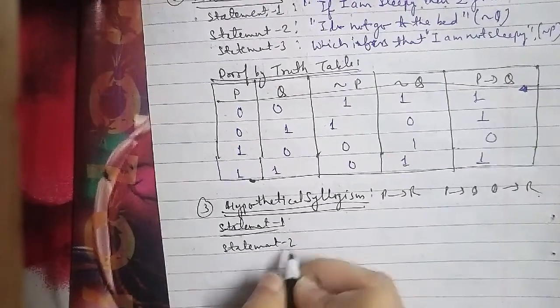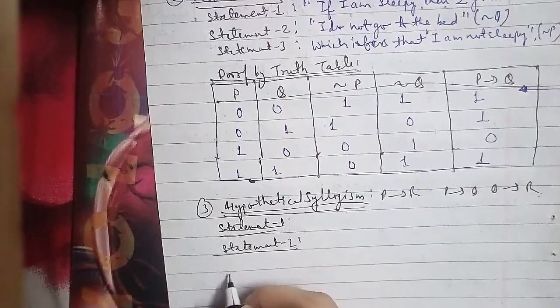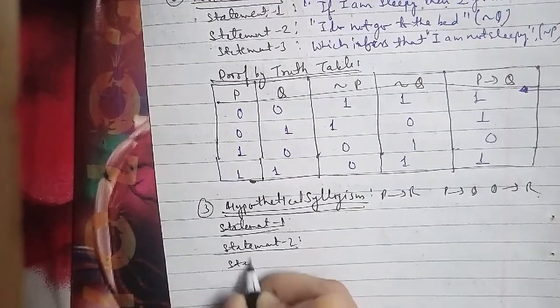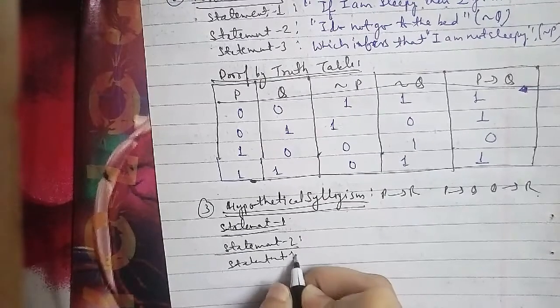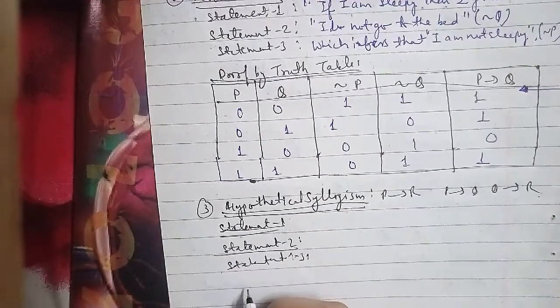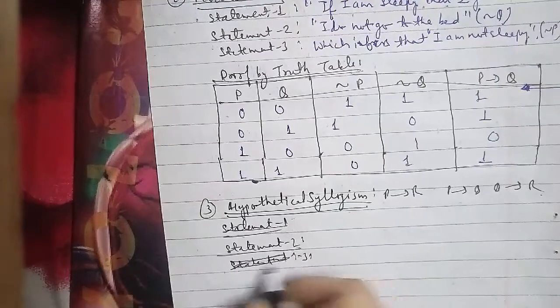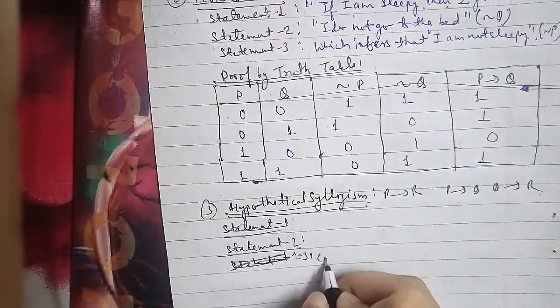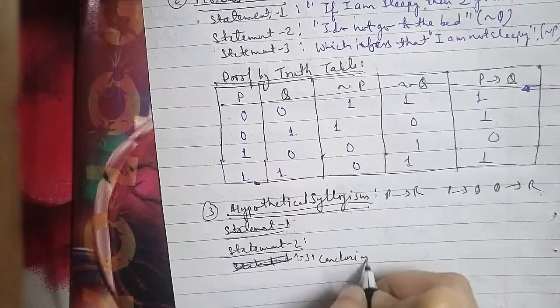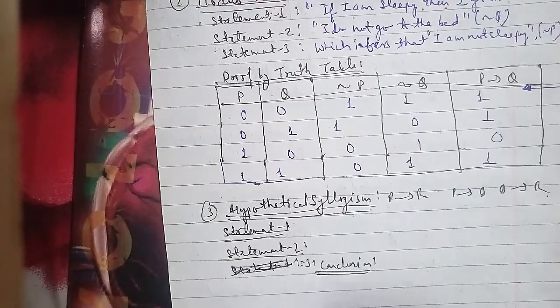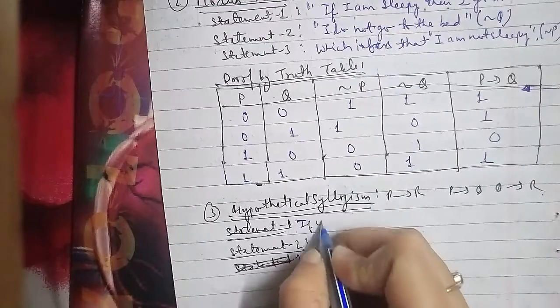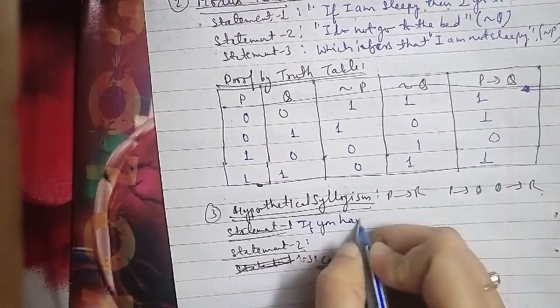So let's go ahead. Statement 1: if you have my home key, then you can unlock my home. What it stands for: if you have my home key, then you can unlock my home.